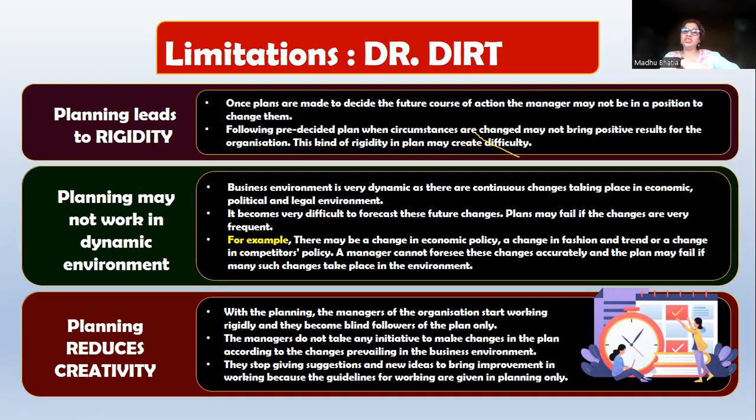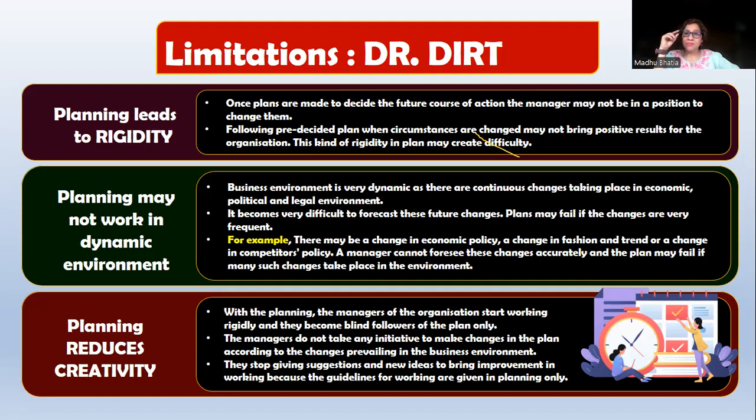R stands for rigidity. Planning leads to rigidity. Now, why do we say that plans are rigid or planning leads to rigidity? Because once the plans are made, you cannot keep on changing them again and again. कि अब भाई ये decide हो गया, इसको follow कर लो, बार बार change नहीं कर सकते हैं, right?